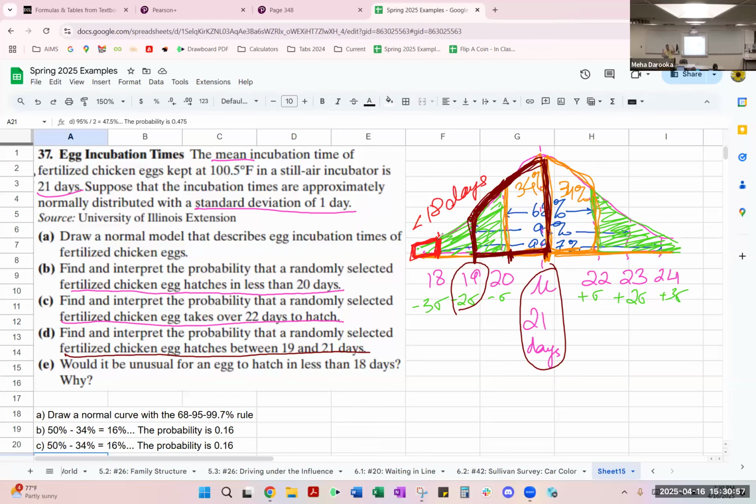So think about it again, 3 standard deviations below and 3 standard deviations above is a total of 99.7%. So how much area are we talking about here on this left-hand side tail? If we have 99.7 between 3 standard deviations above and below, what do you think those 2 tails will be? And then what will 1/2 of that?